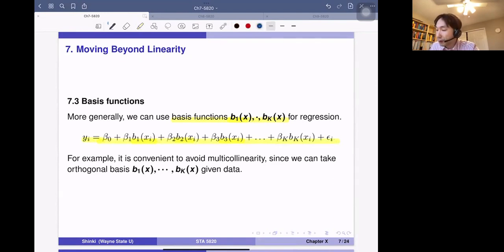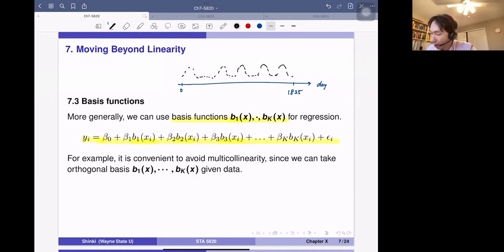For example, if we fit temperature data, maybe this is the day, and maybe 10 years of temperature, 0 to 3,650. And maybe this is too large, so maybe 5 years of data, so 1825. Then the temperature looks like this.